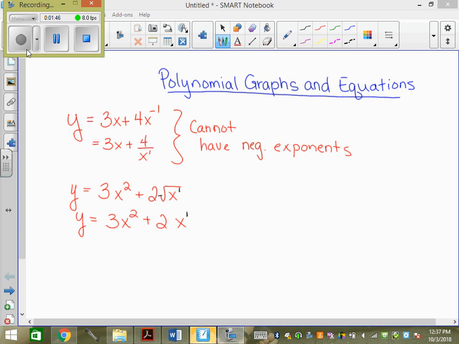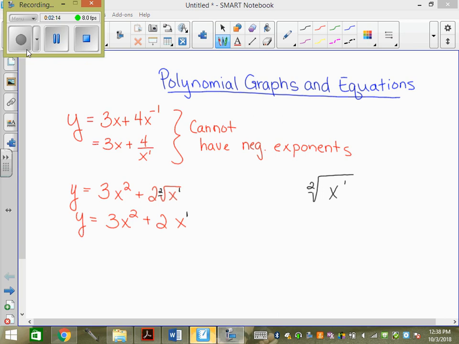What's above my radical if there's no number on this middle spot? A 2, right? If not, there's a number. We agree? If it's a cube root, it has a 3. If it's the fourth root, it has a 4. If it's the fifth root, it has a 5. If there's no number up there, it's a 2. You agree? In grade 10, we were taught how to make radicals into fractional exponents.